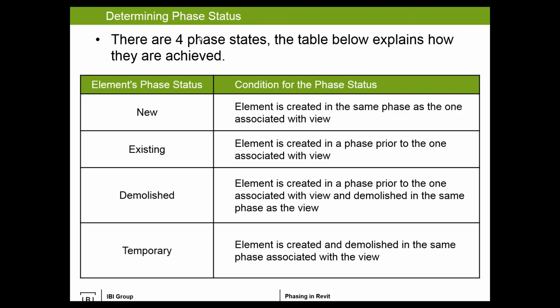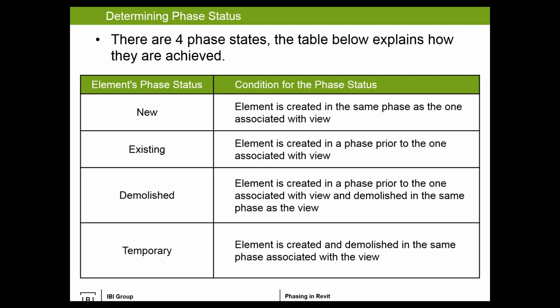So there are 4 phase states, which are new, existing, demolished, and temporary. So new is the most simple one. If the phase of your view and the phase created for your item is the same, your element is treated as new. But keep in mind, this is a relative state.